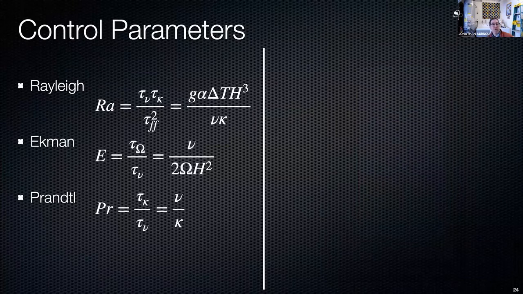All right, so the control parameters in this system are the following. We have the Rayleigh number, which is the effective buoyancy force in the system. The Ekman number, which is effectively the non-dimensional rotation period. The Prandtl number tells you about the material properties. It's the ratio of diffusivities, viscous over thermal.